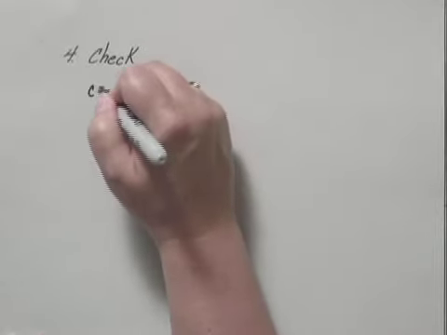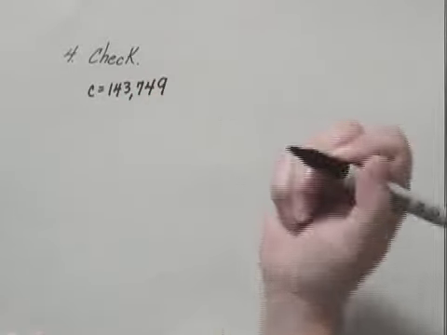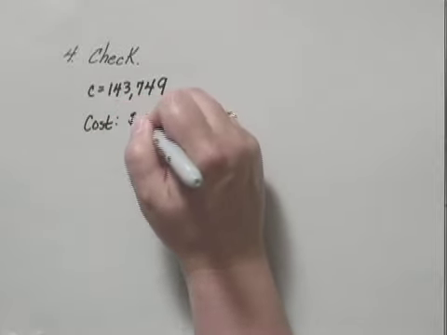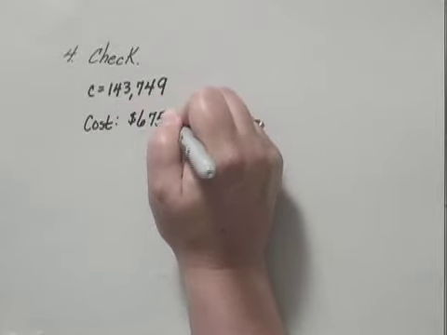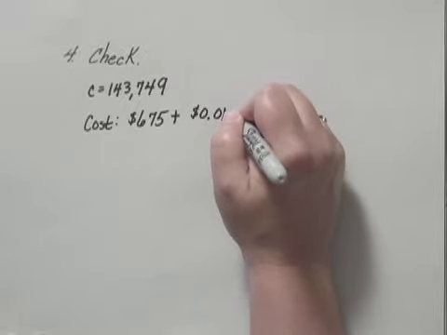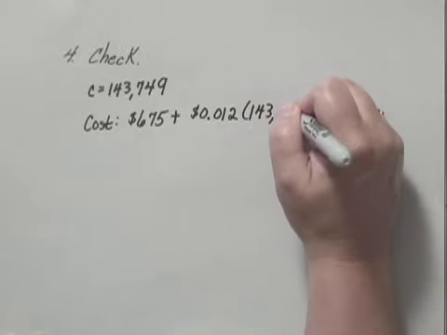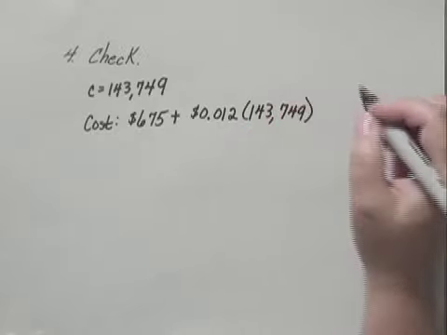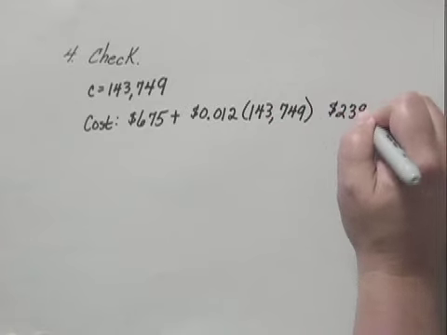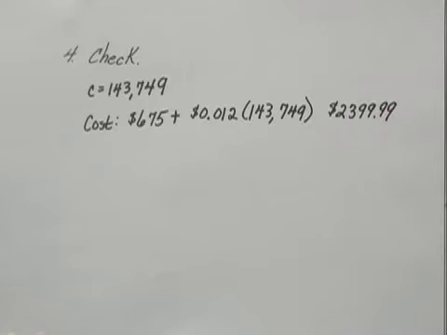If C is 143,749, then the total cost would be the rental cost plus the copy charge of $0.012 per copy times 143,749 copies, or about $2,399.99, which is just less than 2,400.